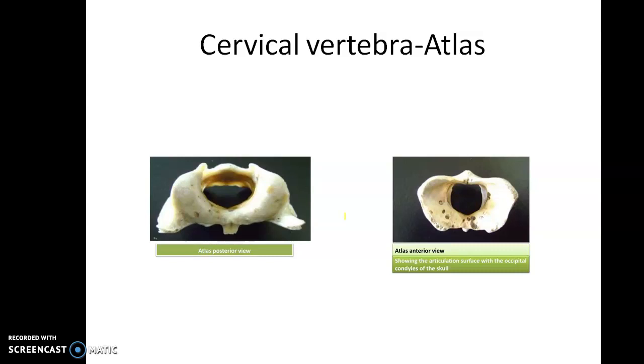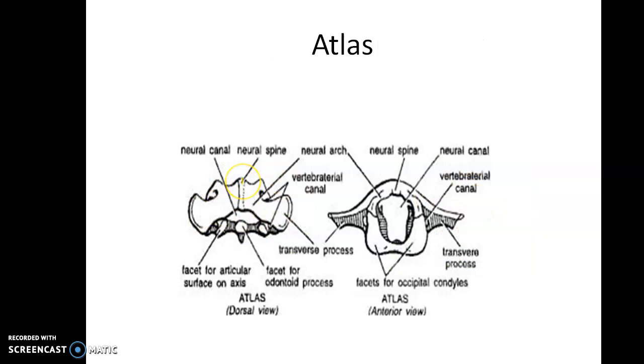Transverse processes are flat. At the base of each of them is a vertebrarterial foramen, for the passage of the vertebral artery. Prezygapophysis is absent. On the anterior face of the atlas, there are 2 occipital facets for articulation with the occipital condyles.